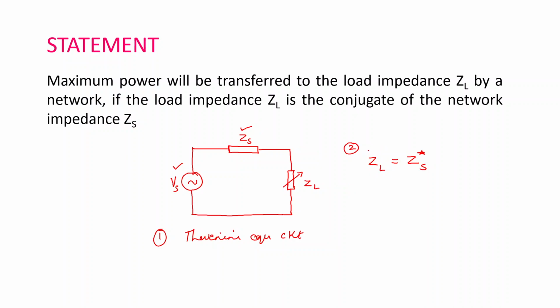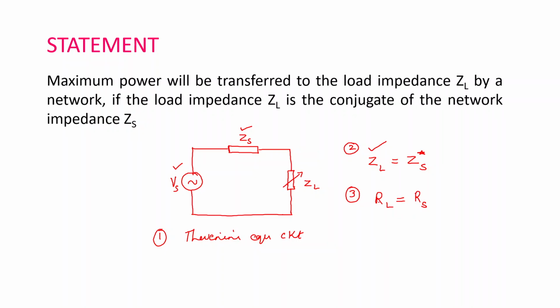If you calculate the load impedance by this formula, the load will get maximum power from the network. If it is a DC circuit, then the load resistance value should be equal to the source resistance for maximum power transfer.